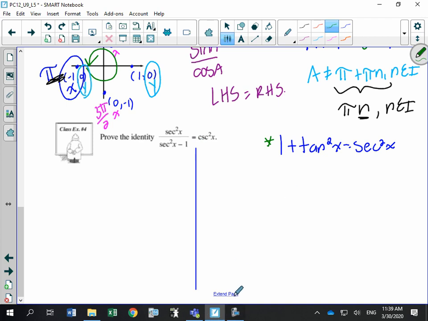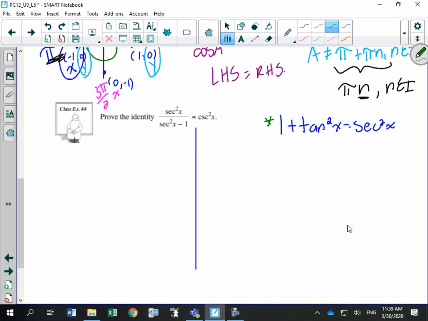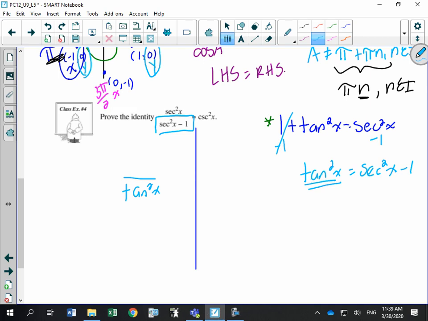So if I subtract 1 from both sides, I have tan squared of x is equal to secant squared of x minus 1. So this here is equal to tan squared of x. And for now, I'll just keep this first one, secant squared of x.